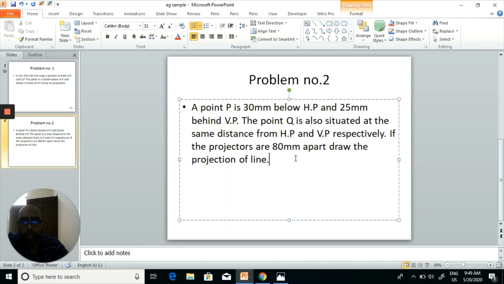Then the projectors are 80 mm apart. Draw the projection of the line. That is, the points are 80 mm apart, so the true length of the line will be 80 mm. Now we have to sketch this.